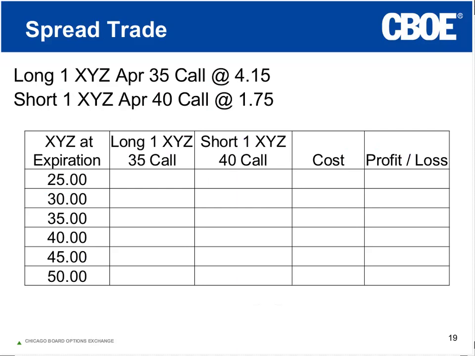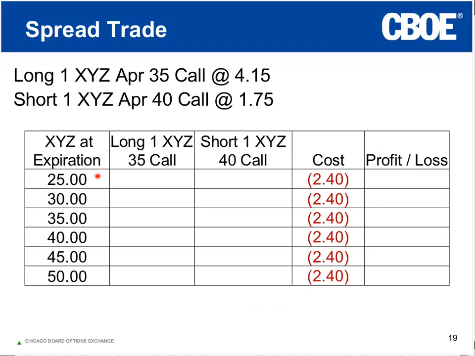So the spread trade, we're long an April 35 call, paying $4.15, short an April 40 call, taking in $1.75. Instead of taking in income, we've incurred a debit, a cost of $2.40, and we're going to fill that in at a variety of XYZ prices at expiration.